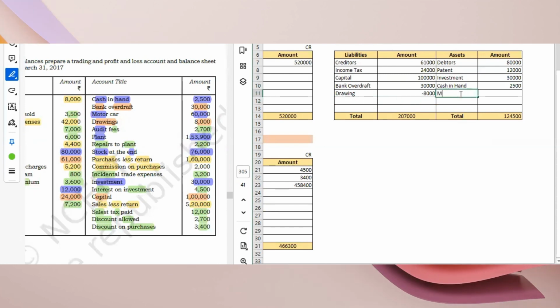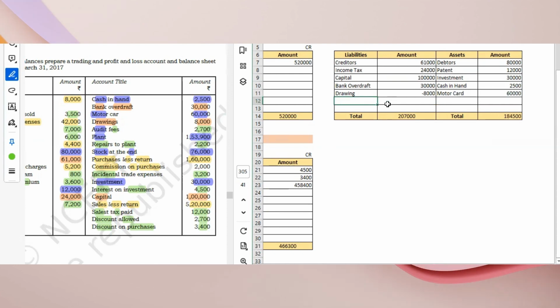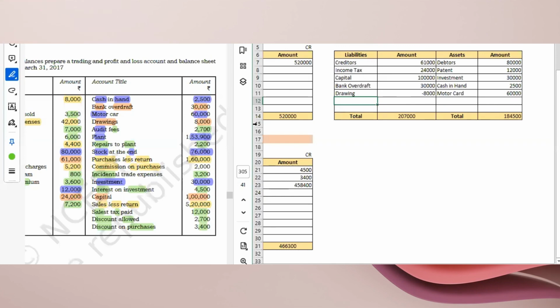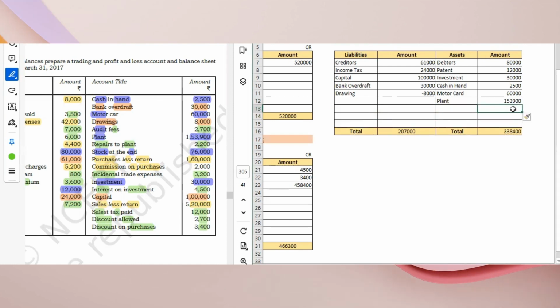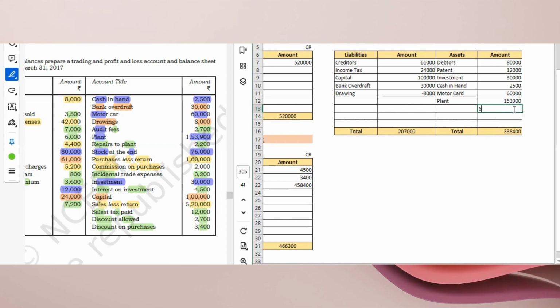So motor car, 60,000. Then plant, 15 million. Then we have stock, closing stock, 76,000.